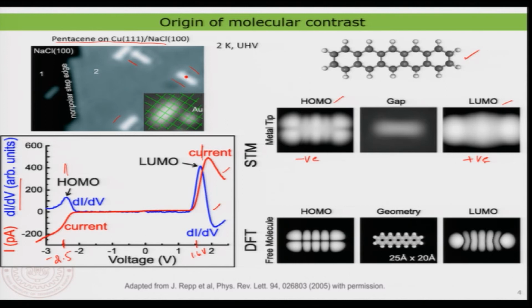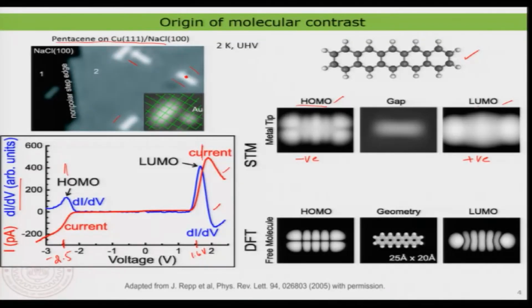That is quite interesting. What you would expect is that at negative voltage I am tunneling through the HOMO of the molecule, and at positive bias I am tunneling through the LUMO. That also means that the electron density you measure at this particular voltage should have the contour of the molecular orbital, exactly the HOMO at negative bias and the LUMO at positive bias.